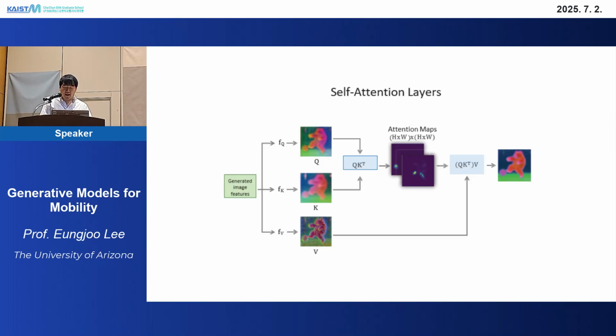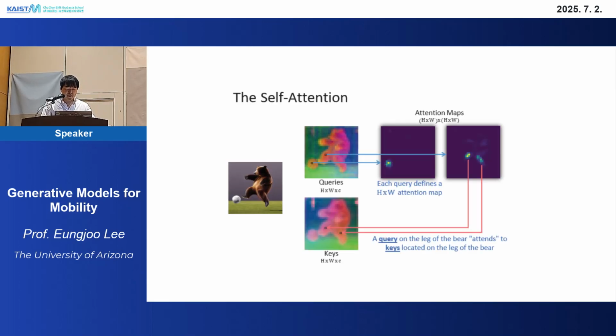embeddings. And in the self-attention layer, image features are projected into queries, keys, and values, and the attention map is computed via QK^T and applied to values to produce an enhanced feature map. And this mechanism enables global reasoning within the images.